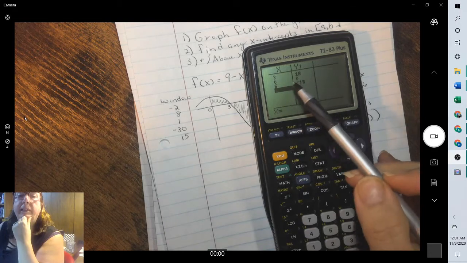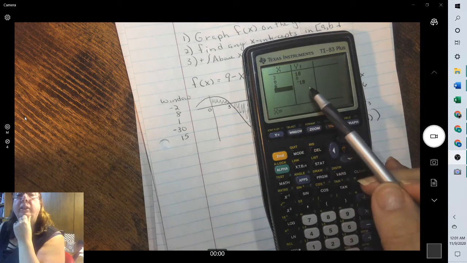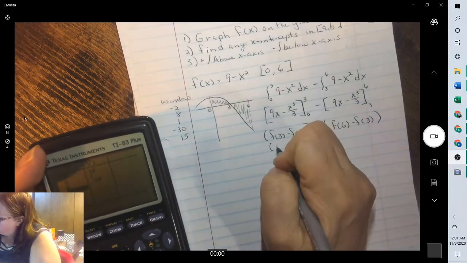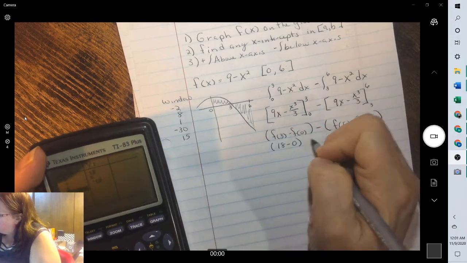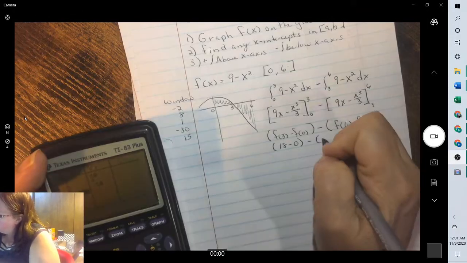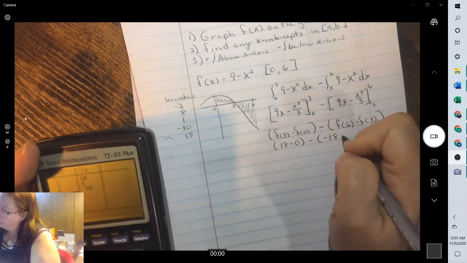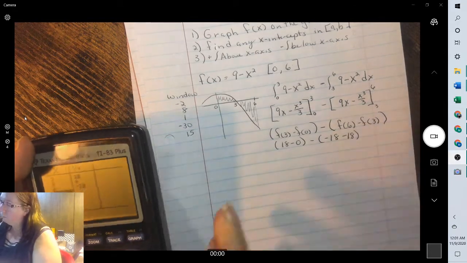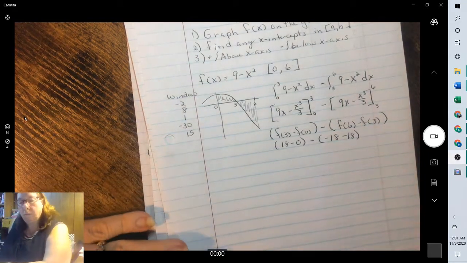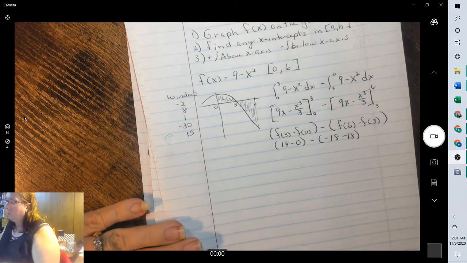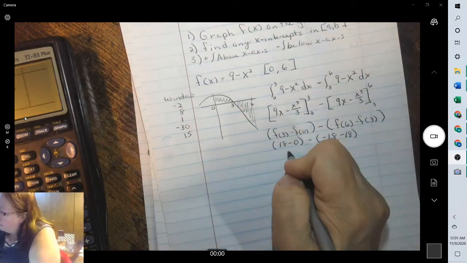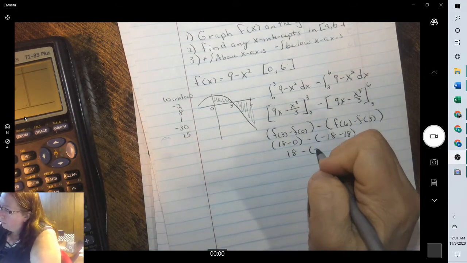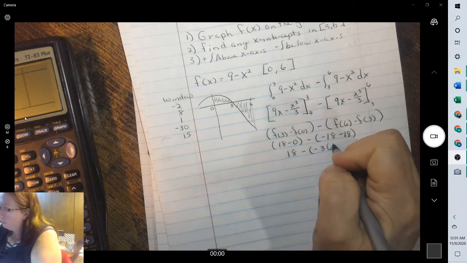3 is 18, 0 is 0, and 6 is a negative 18. So f of 3 was 18, 18 minus 0, and f of 6 was negative 18 minus 18. So we have 18 minus negative 36.